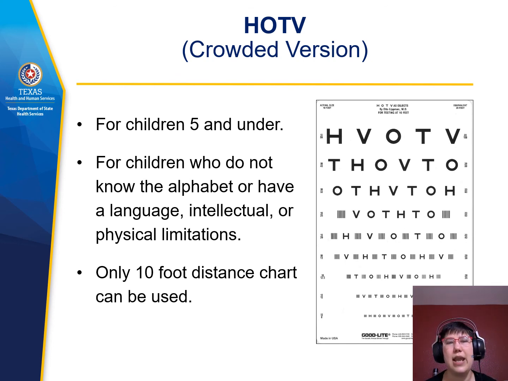It's only available in a 10-foot distance chart, so you should always check. If you go in close, you've got 10/50, 10/40, which is equivalent to 20/10. And right here you have one that says actual size 10-foot equivalent. That's your indicator that you need to be 10 feet from the chart.